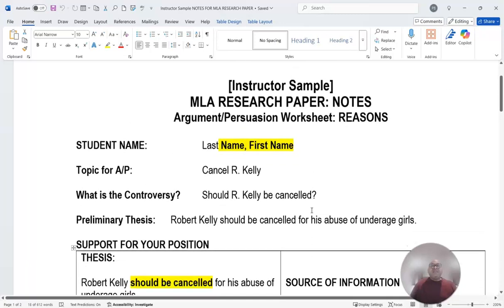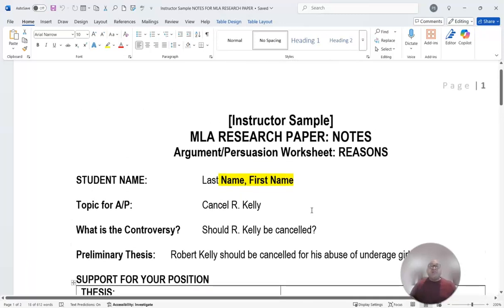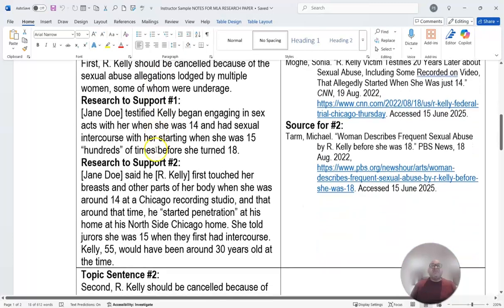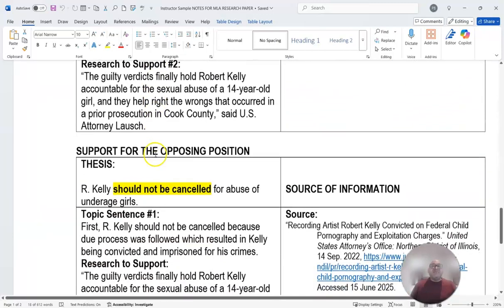Although it sounds easy, and I hope I explained it in a way that you understand, it is going to take you some time because now you have to go back and read all of your working bibliography, pull information from it, and see what information you need to support what you have outlined, what you're going to come up with to support canceling the person or not canceling the person.